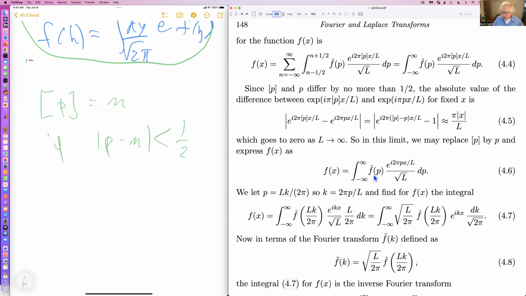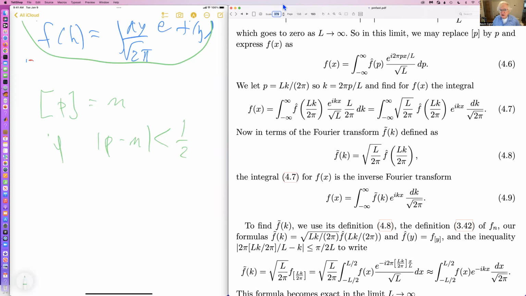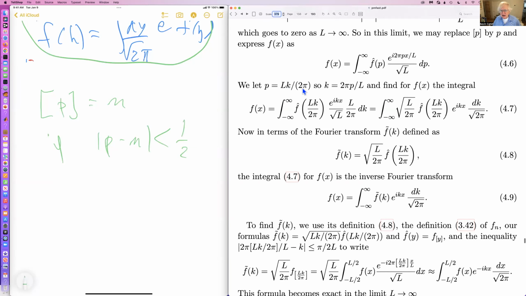And so now we do a change of variables, and the change of variables is absolutely necessary because we want to get rid of this square root of L. And so what we do is we change from p to k, which is 2 pi p over L. And so then dp is L dk over 2 pi.